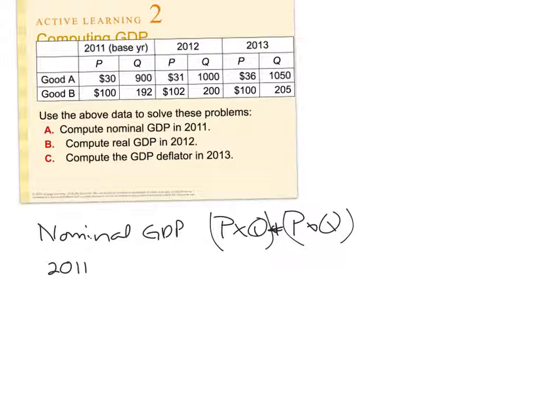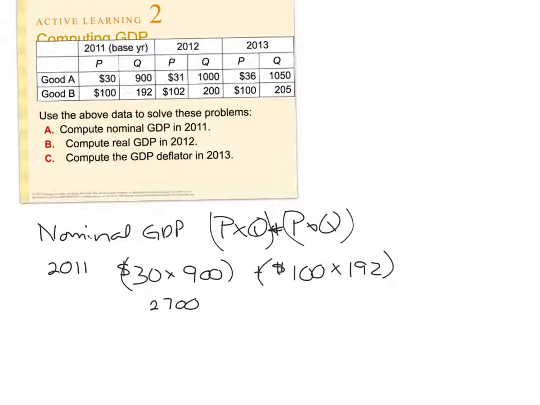So in 2011, I have $30 times the quantity of 900 for good A, and that gives me 27,000. And then price times quantity for good B is $100 times 192, and I just looked at this and I think I missed a zero. How about 27,000? That sounds a little bit better.